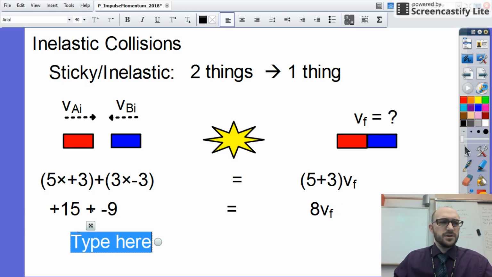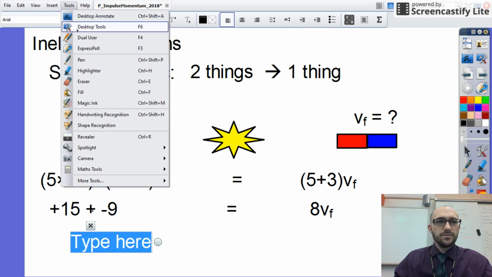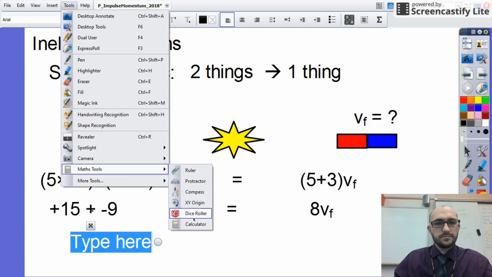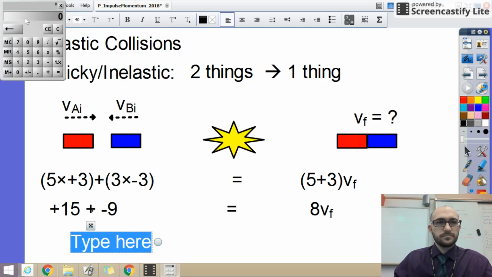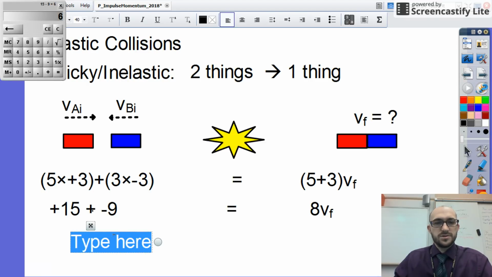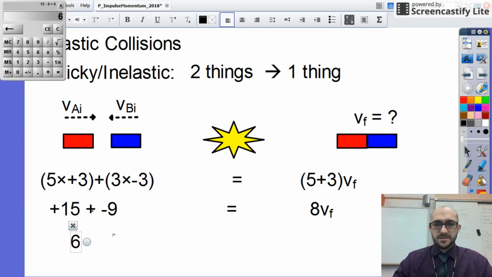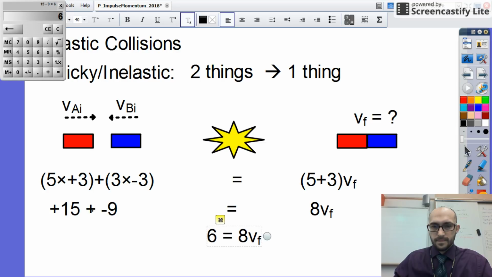Right? So let's see, 15 minus 9. Gee, if only I had a calculator I could use. 15 minus 9 equals 6. All right, so we got 6 equals 8 VF. I divide both sides by 8.